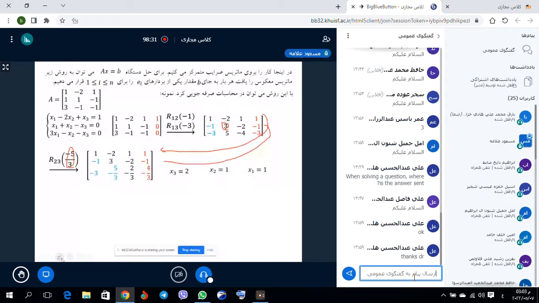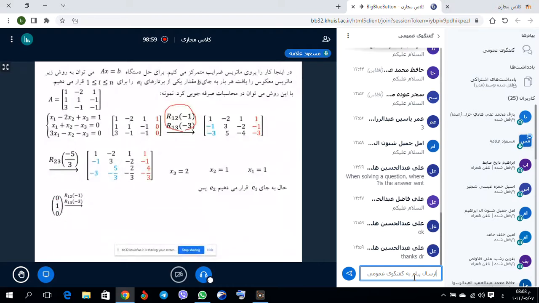Now we want to change the right hand by E2. We change E1 by E2, 0 1 0. We do R1 2 minus 1, R1 3 minus 3. Multiply this one by minus 1 and add it to the second one.